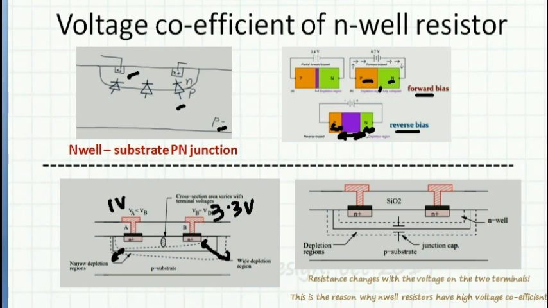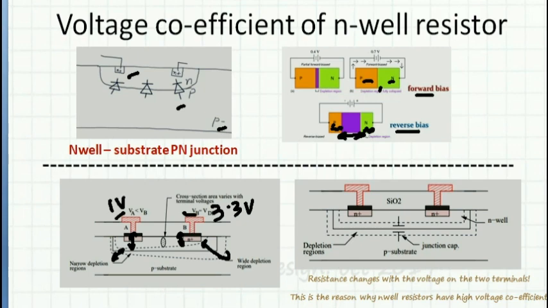On the other side, the active region near this terminal is higher, and the active region towards the other terminal is very small, making the channel non-uniform, and it creates a different resistance. This resistance is proportional to the applied voltage, and this is called the voltage coefficient.